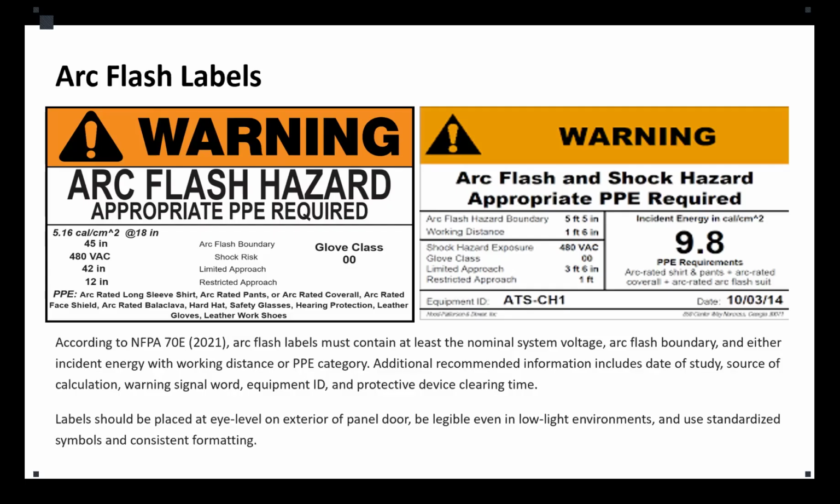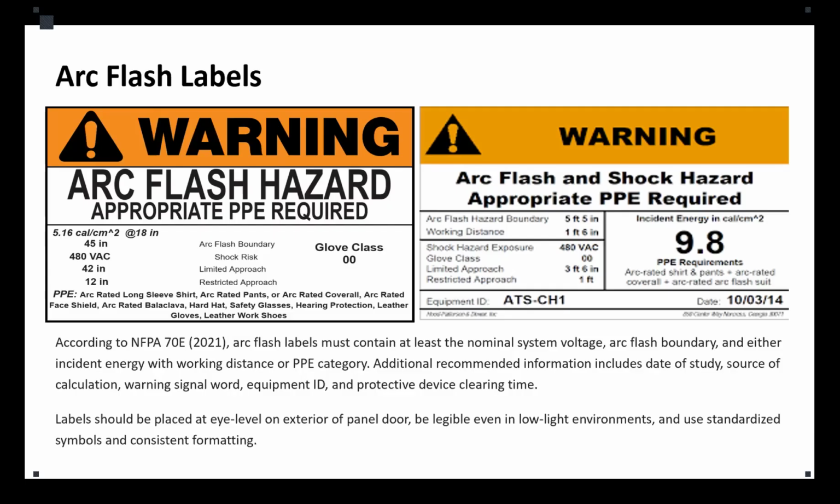Now we have several aspects that we have to include in the label. One is the nominal system voltage. Another one is the arc flash boundary. We have to mention that. We also have to mention one of the following categories: either the available incident energy and the working distance, or the PPE category.